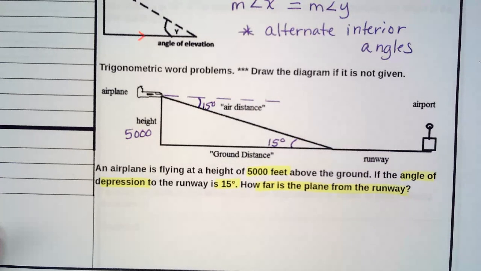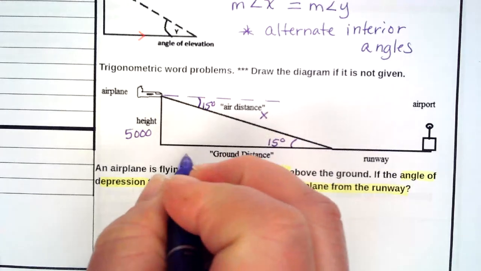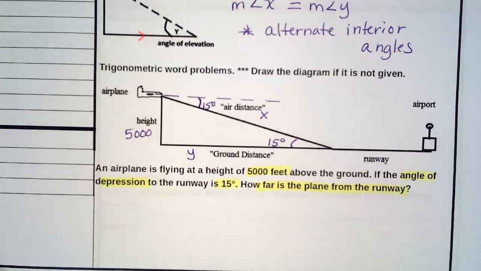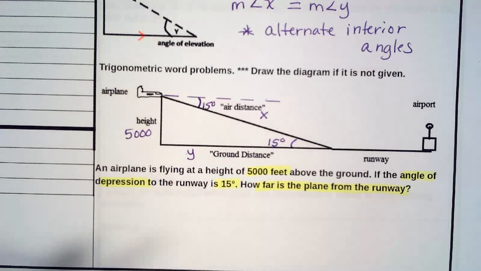Now what? Well, we need to decide. Are we talking about the hypotenuse, or are we talking about the measure that would be from the ground? Well, we'll find them both.